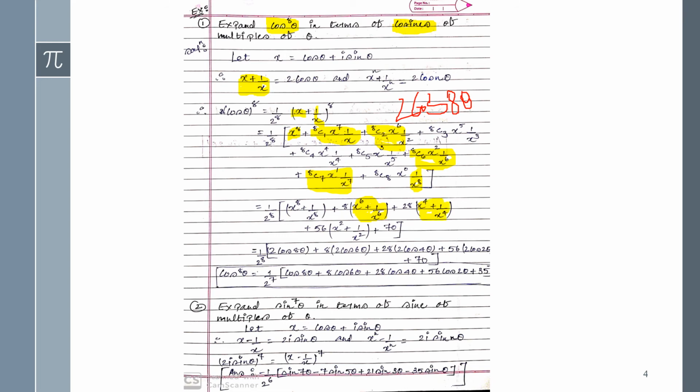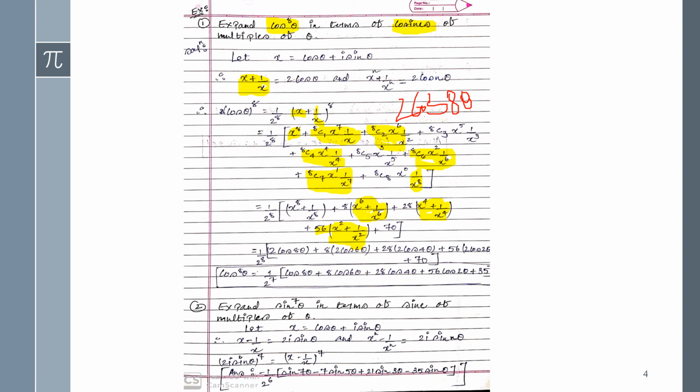At the last we will do the remaining term, x raised to 5, and here it is x cube, so it will be the x square term, and at the last one term will remain, and that is actually this one, 4 x raised to 4 and 1 upon x raised to 5.